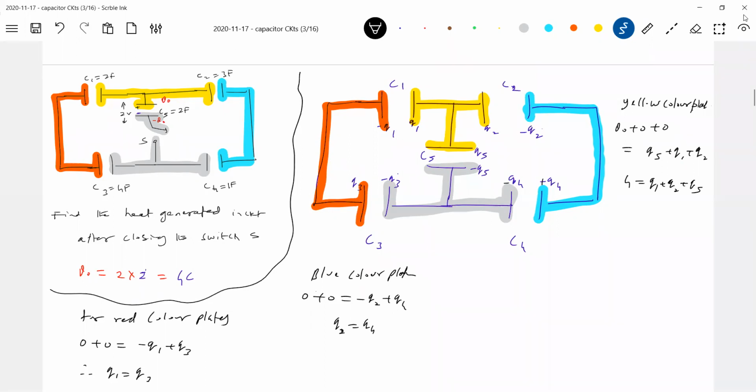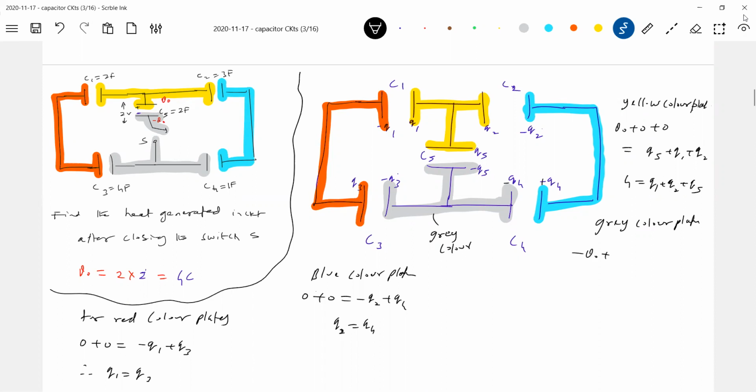Anybody? Name of this color? Gray. This is gray color. I'll write it. Gray color plates. What was the earlier charge?